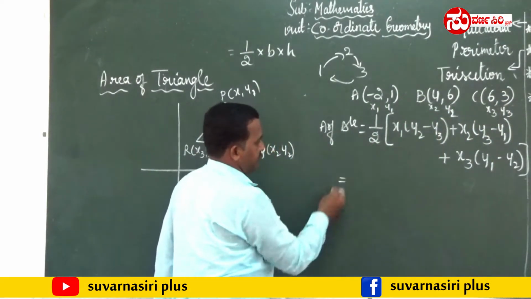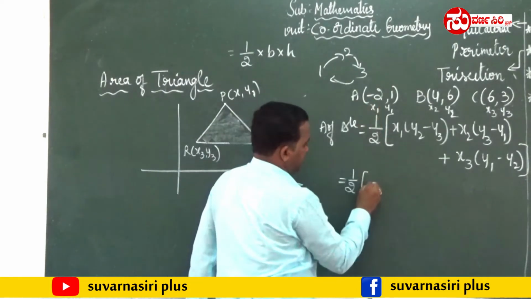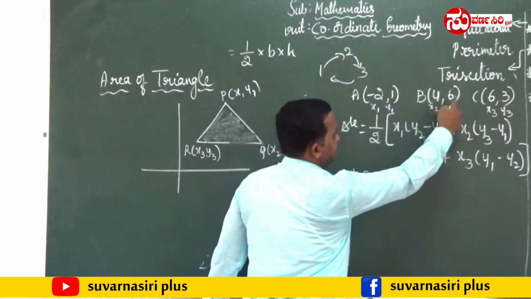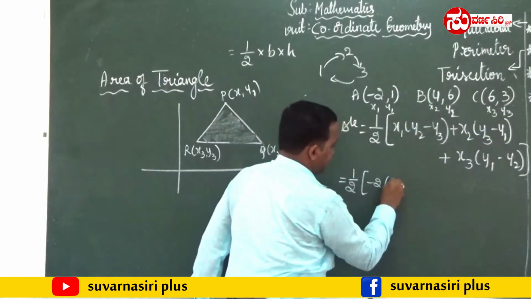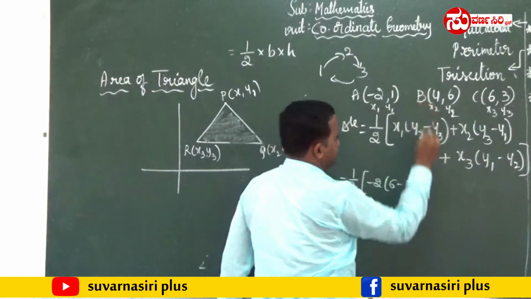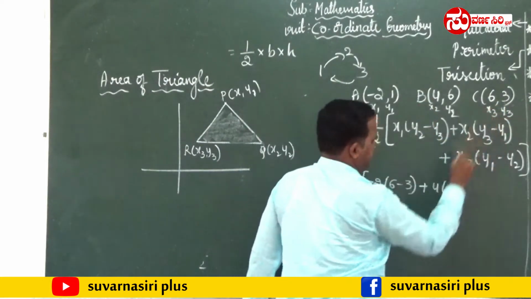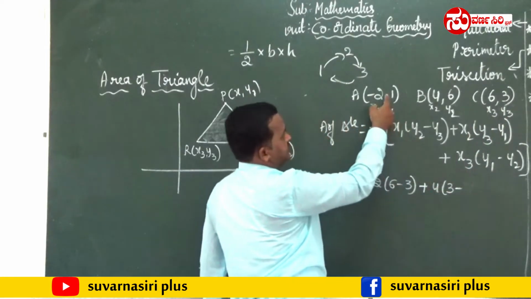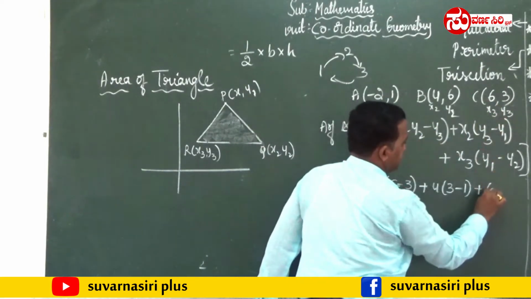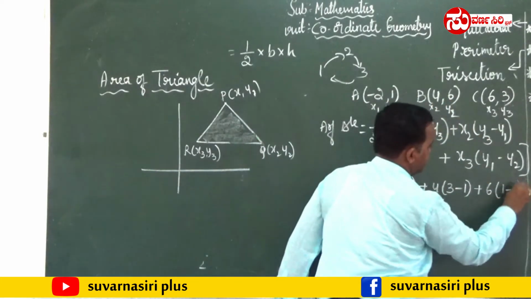So substitute the values. Half into x1, that is -2, bracket y2 minus y3. y2 is 6, y3 is 3, so 6 minus 3, plus x2, that is 4, into y3 minus y1, y3 is 3 minus y1 is 1, plus 6 into y1 minus y2, that is 1 minus 6.